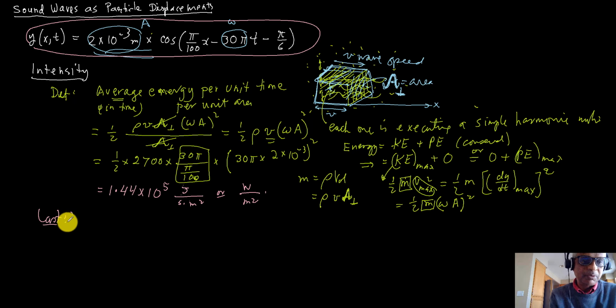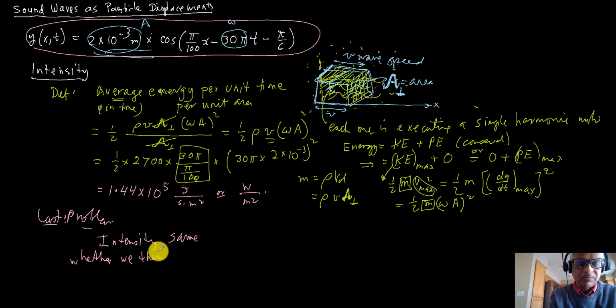And whether we write this wave as a pressure wave or a displacement wave, the intensity is the same, whether we think of the wave as a pressure wave or a displacement wave.